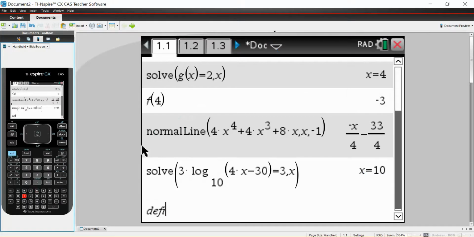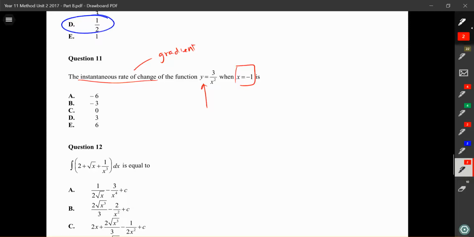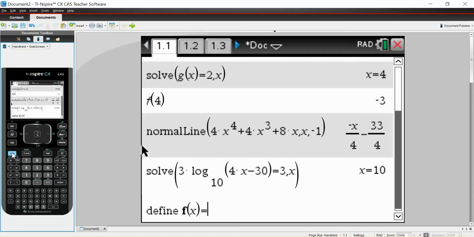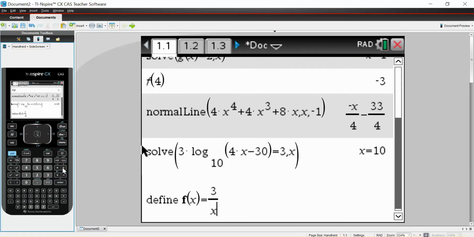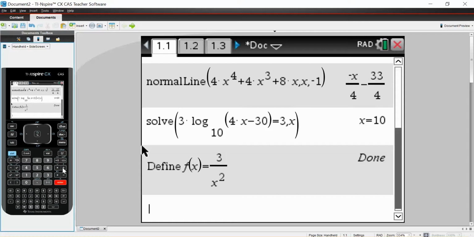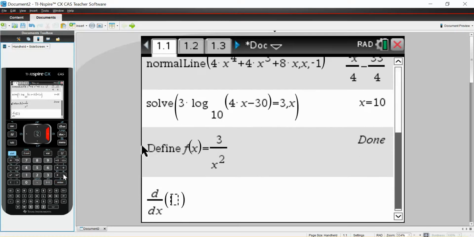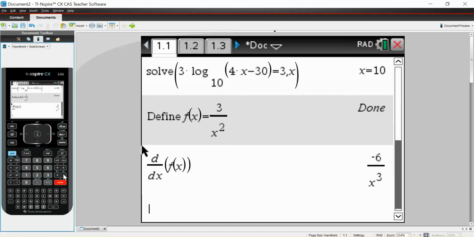Now you got your CAS, might as well work it. So here we go. Define f of x equals 3 divided by x squared. So I would have done this, 3 on x squared. Press enter, find the derivative, so shift minus x f of x. That's my derivative, and I said I was going to sub a number into the equation. What number was that? That was -1.